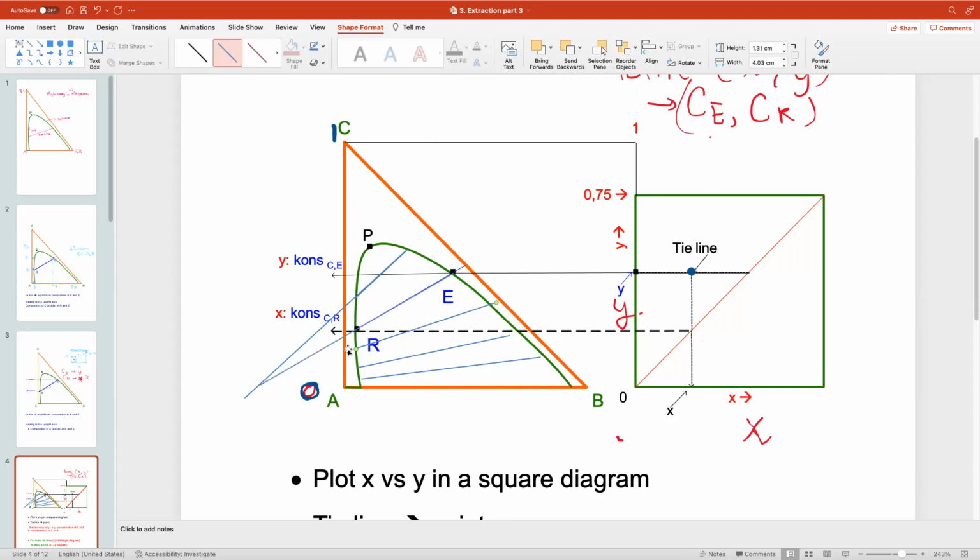Sometimes when we draw the curve, to make it nicer, it can be like that. Okay, for example, these are the tie lines.